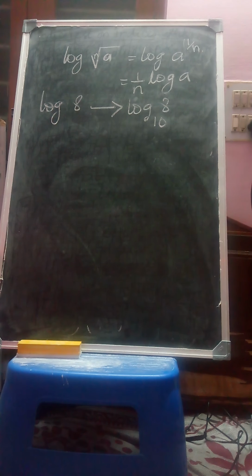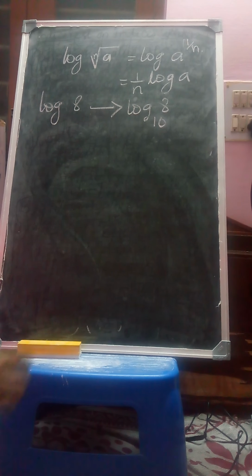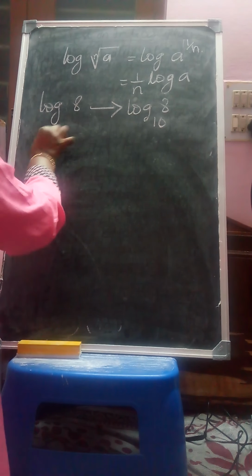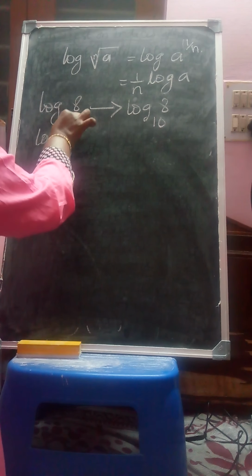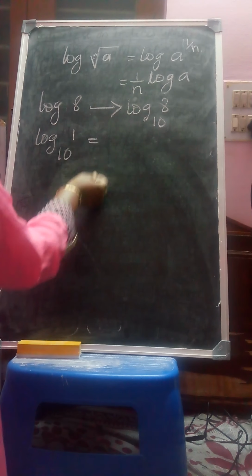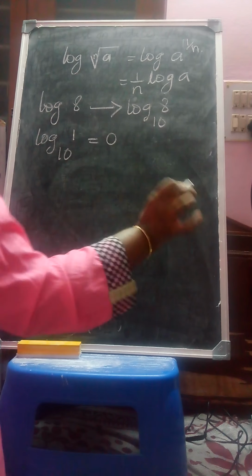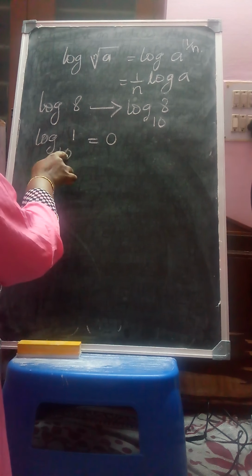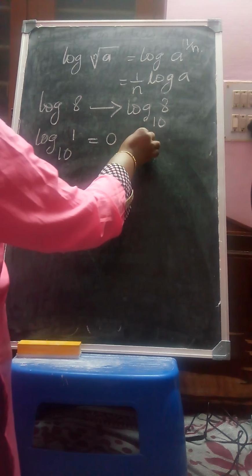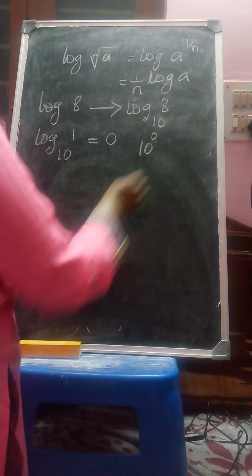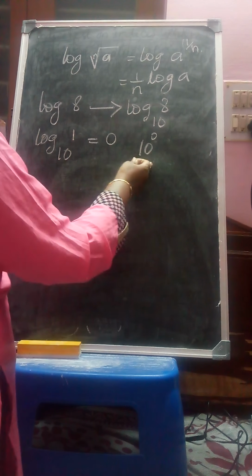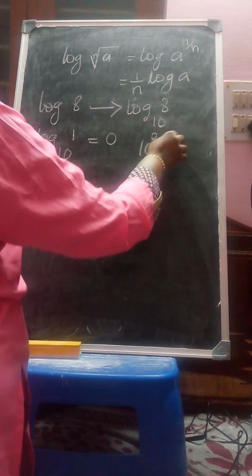Next, you should know that whenever it is log 10 of 1, this will be equal to 0. Why is it 0? In exponential form, 10 raised to the power of 0 is 1.